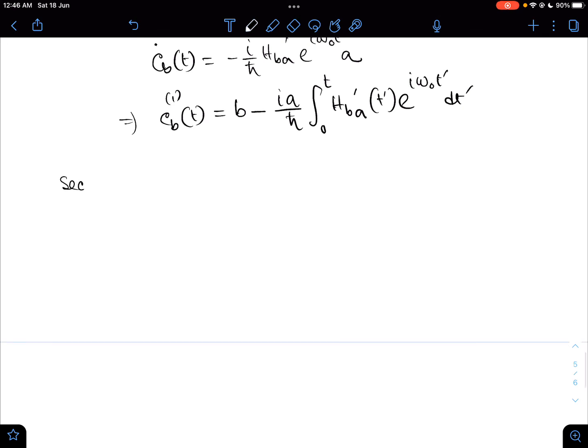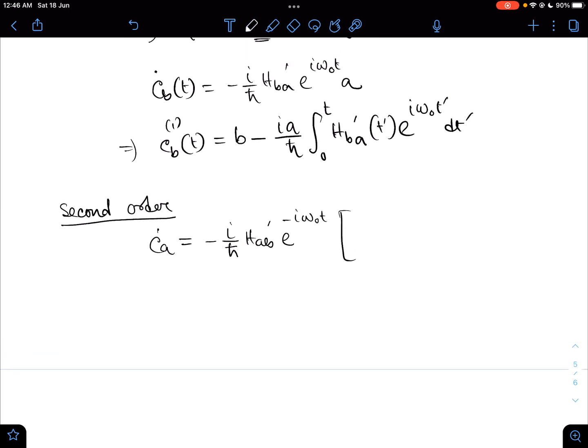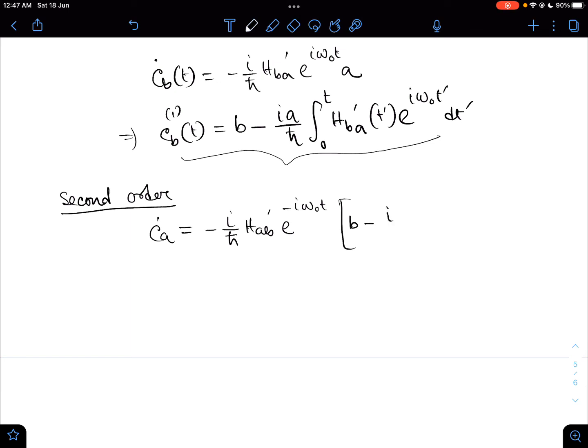So in second order, CA prime(t) will be minus i by h cut HAB prime e to the power i omega 0 t, and here we insert our value of CB(t) in first order, which is B minus i A by h cut integral 0 to t HBA prime(t prime) e to the power i omega 0 t prime dt prime.